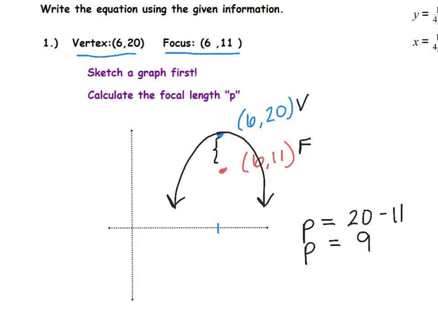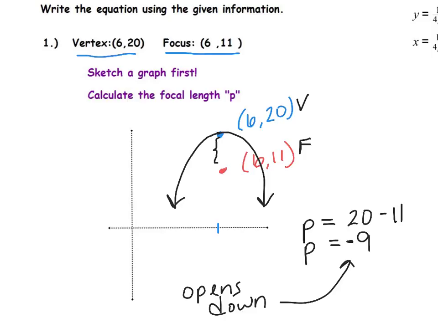Now notice that this opens down. In that case, we need to add a negative sign to p in order for the parabola to open down. So that's going to be p equals negative 9. If the parabola opened upward, then we keep p being a positive 9.